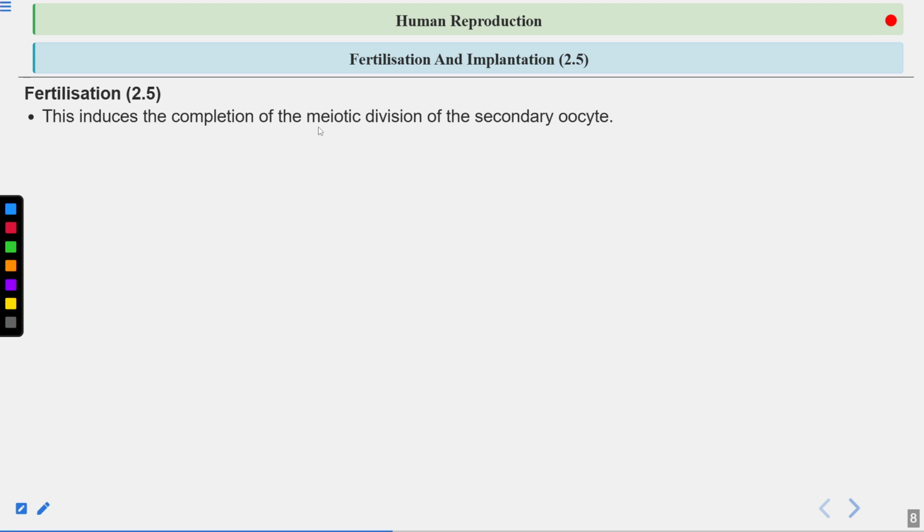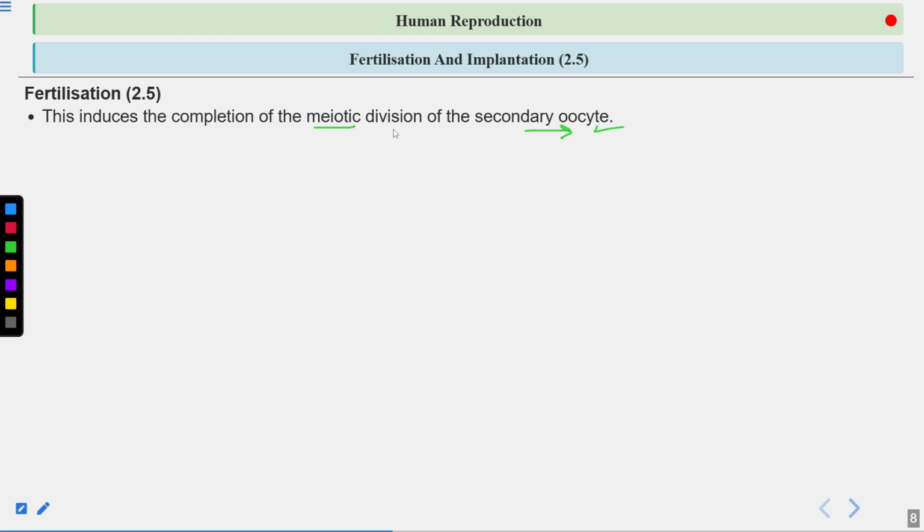This induces the completion of meiotic division of the secondary oocyte. So whenever the sperm comes in contact with the zona pellucida, then you can see a lot of things are happening. The acrosome reaction is occurring. Then the secondary oocyte, which was arrested at the metaphase 2 of the meiosis 2, also completes its meiosis 2.